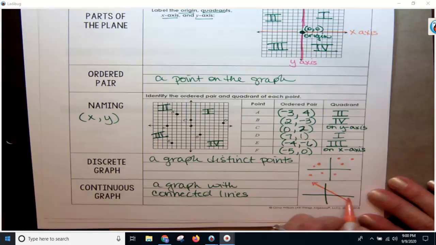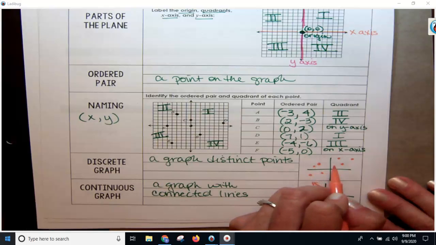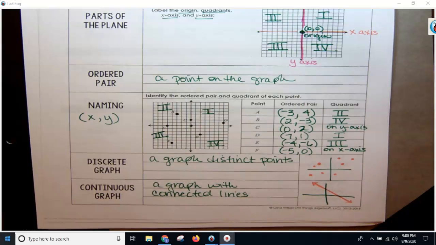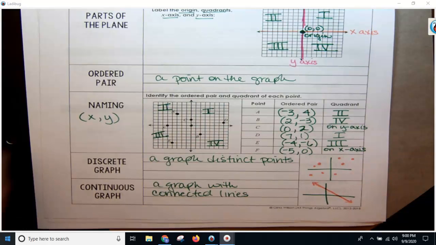Whereas here, the only numbers represented are the ones that are related to a point. So that is going to be the big difference between these two graphs, is what numbers are represented. And we'll talk a little bit more about that when we go over domain and range.